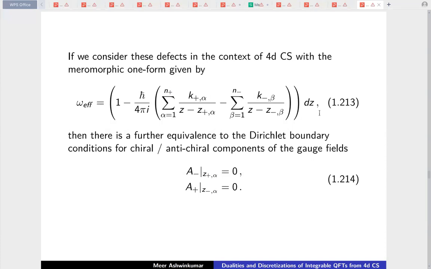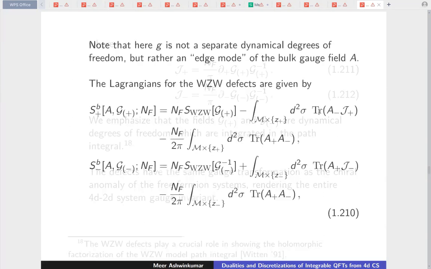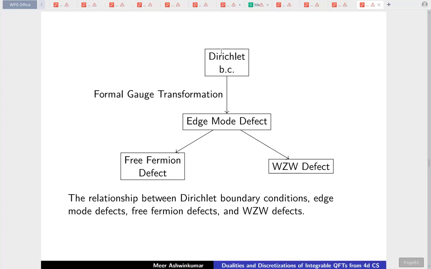But the main point I want to mention is that these edge mode defects can also be understood as arising from the formal gauge transformation of certain Dirichlet boundary conditions of 4D Chern-Simons theory. So that's why in the earlier diagram, I had written here Dirichlet boundary condition and formal gauge transformation.